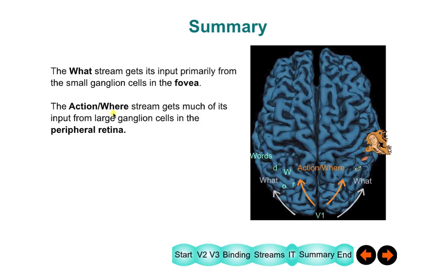In contrast, the action stream gets most of its information from things off to the side. When I reach for my mouse, I can see it from the side of my eye. And so if I don't know where it is, I can usually direct my movement to it without looking at it, because I can see it by these ganglion cells that are in my peripheral retina.